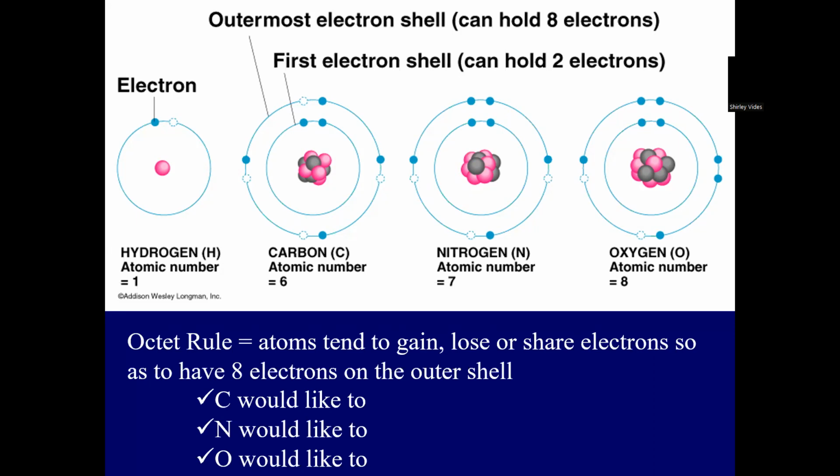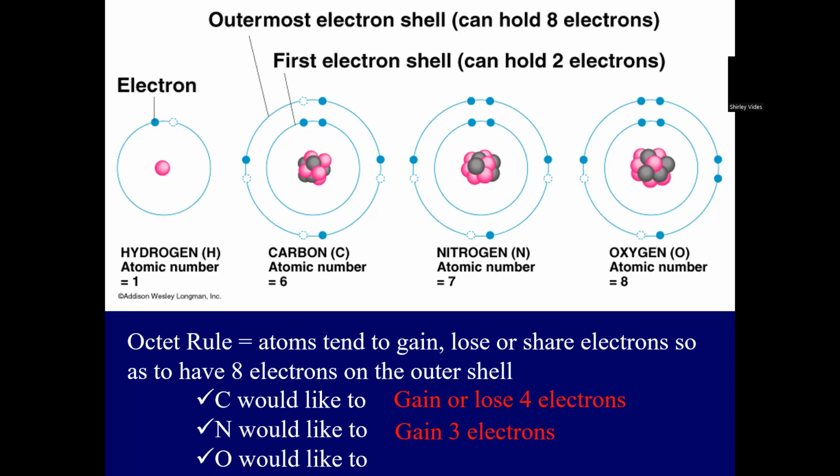Anyway, so carbon, remember the group number is what reveals to you how many electrons are in the outer shell. So carbon, which has 4 electrons, would either lose or gain 4 electrons. Nitrogen, who has 5 electrons on the outer shell, will gain 3 electrons to make 8.